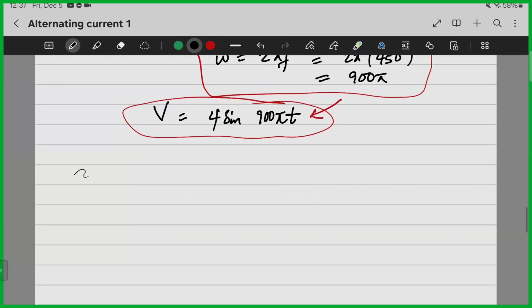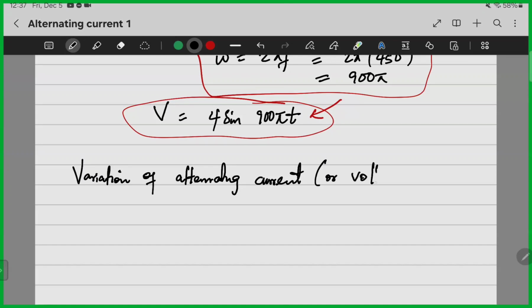So we're going to say variation of alternating current or voltage with time. How does it vary with time?